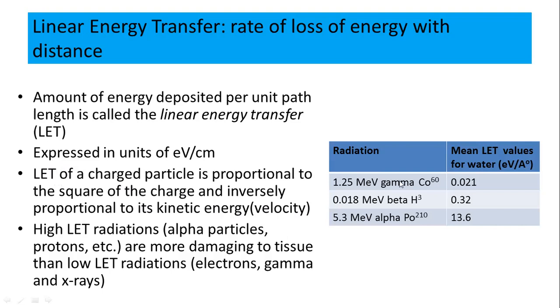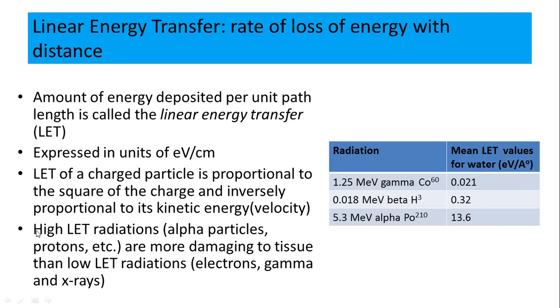This is the case as mentioned here. The gamma rays are photons having more penetration power than the beta, and beta has more penetration power than the alpha. That's why, being of higher velocity, the LET value of gamma is small compared to the beta, and beta is small compared to the alpha.